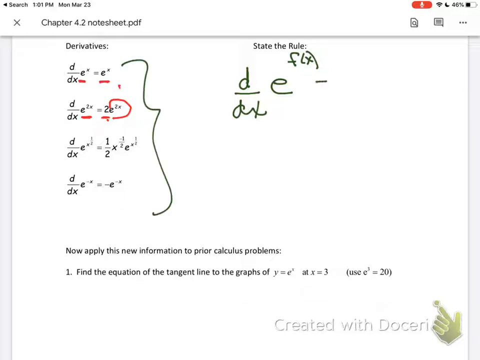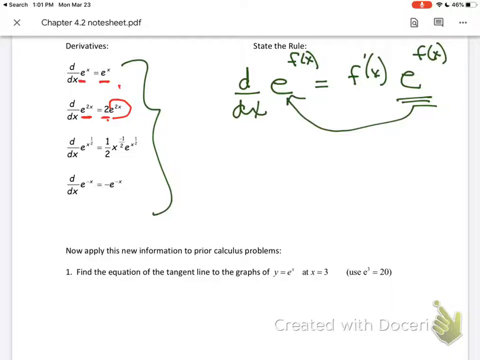So I would say yes. That derivative is going to be: take the derivative of the exponent and then multiply it by exactly what you see. So e^(f(x)) stays as it is. This is what I see right over here. Here is the derivative of what?